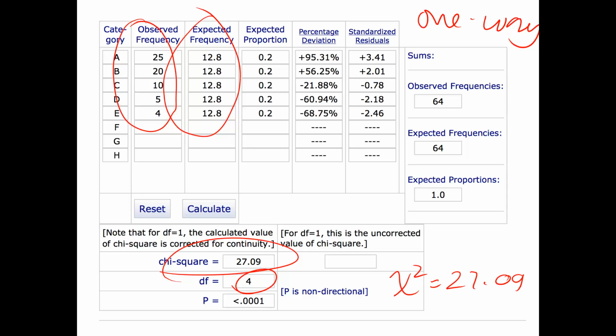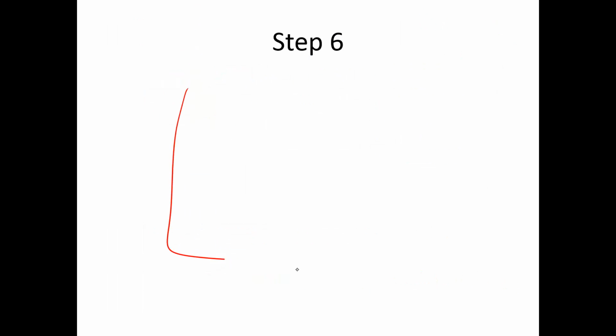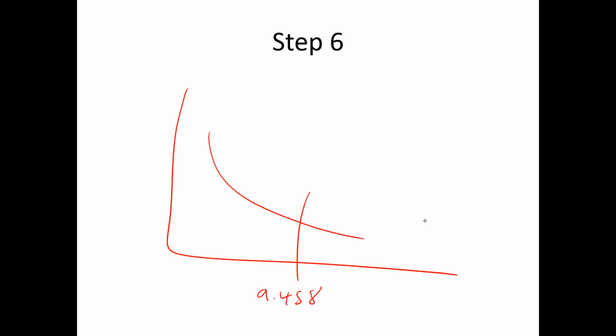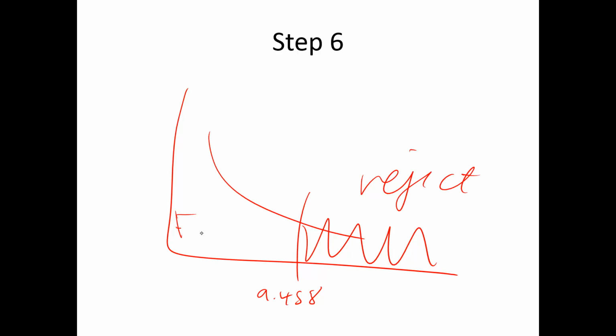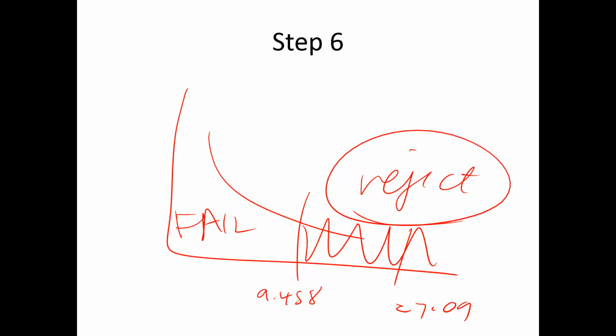Let's compare that to our cutoff score. So we had 9.488, and then this is out here as reject, and this over here is fail. So I had 2709, so I definitely would reject the null.